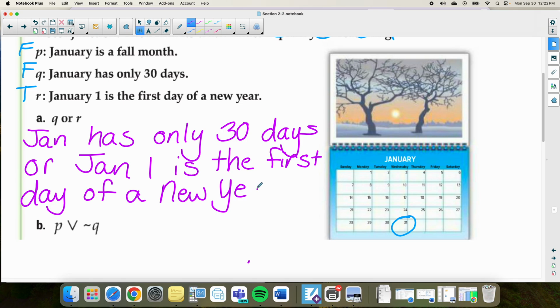Okay. Now, once I have that written, I go back to decide whether this is a true or false statement. So Q was false. R was true. This is an or, and with an or, only one has to be true. So what is it overall? True.